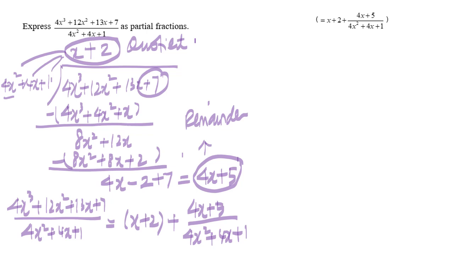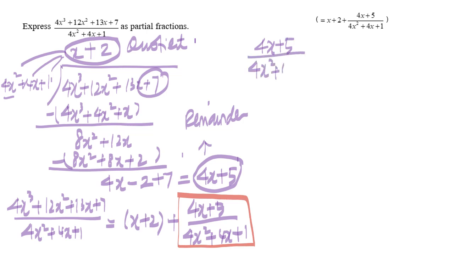Alright, so we will leave the quotient alone. Which is the one that we have to apply the partial fraction to? This will be the one that I've just boxed up for you. Okay, so how do you express it as a partial fraction?